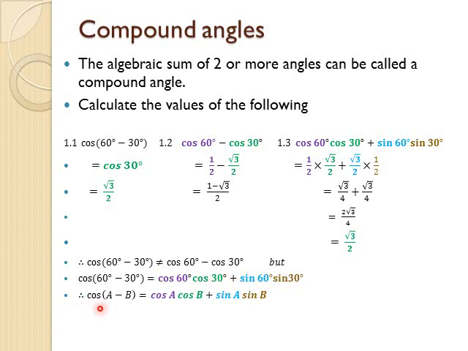So in short, if we have cos of any angle A minus any angle B, it will become cos A times cos B plus sin A sin B. So that's the first formula. It's not formally proved; this is just showing you how, via calculations, we can show that the two are the same. Now in the next 3 slides we will be doing the formal proofs.